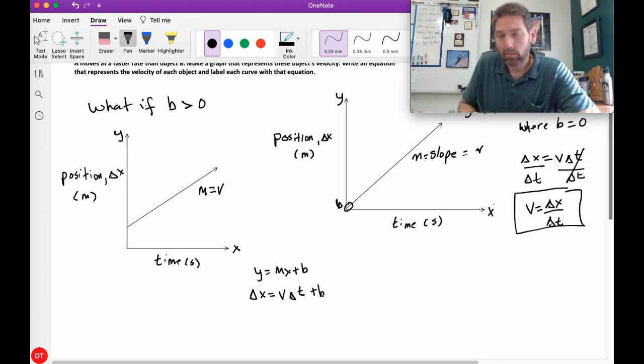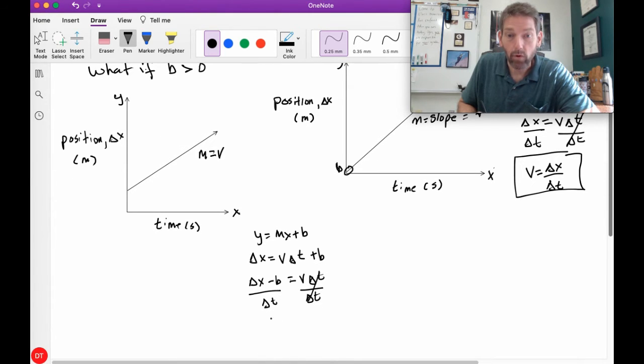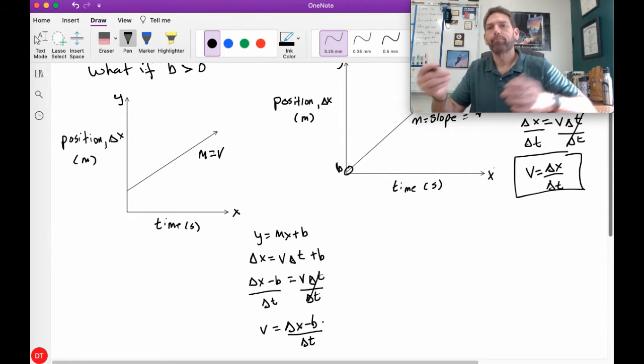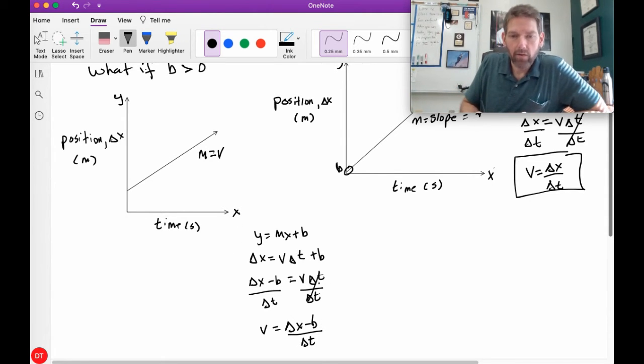So you start thinking, wait a minute, I've got to subtract b from this and move all that over to that side, right? So I've got delta x minus b equals v times t. All right, so now let's divide this side by t, divide this side by t, and then we're going to basically get velocity equals delta x minus b over delta t. So now we have this right here.